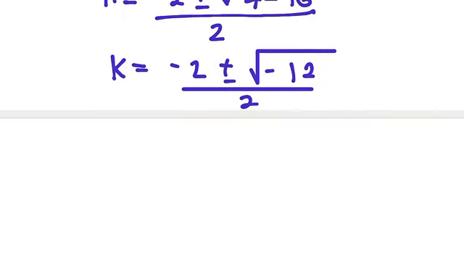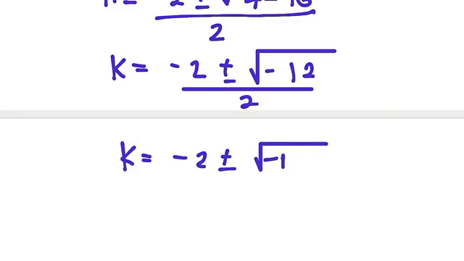Moving on, the next thing we're going to do is k equals minus 2 plus or minus the square root of minus 1 multiplied by 4 multiplied by 3, divided by 2.